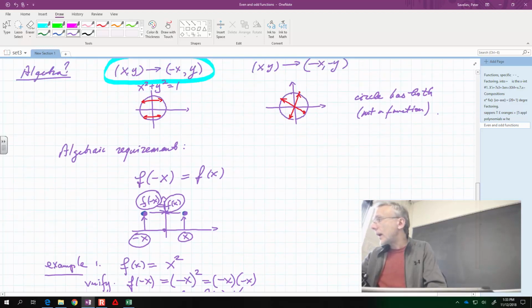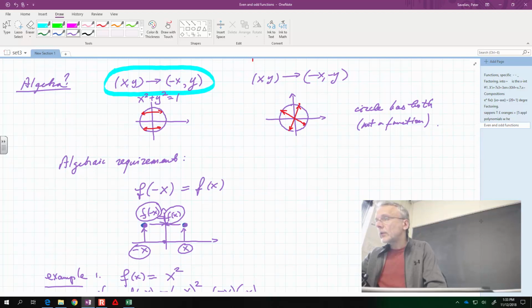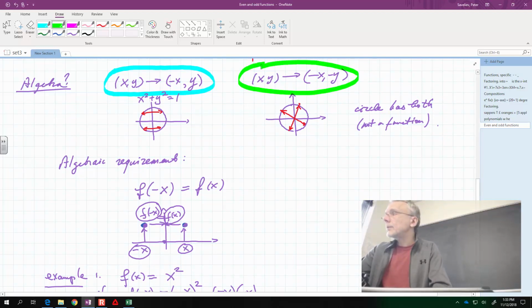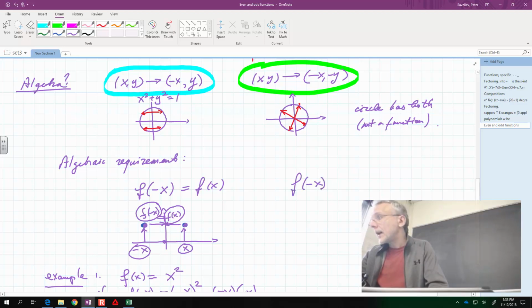I just want to go back and do it side by side. I want to do it with odd functions. So I'll be looking at this expression, and once again I want an algebraic requirement. But as you can see here, we flip both x and y, so my requirement becomes f of negative x is equal to negative f of x.